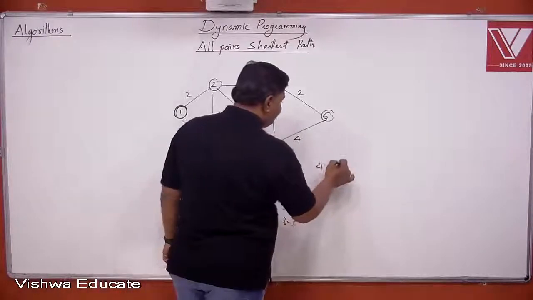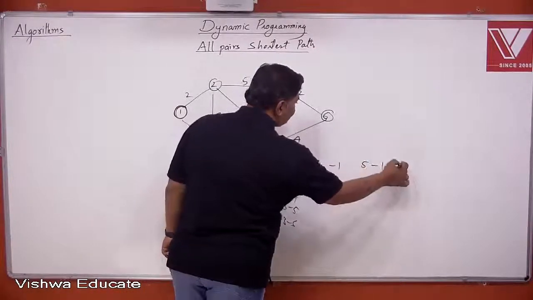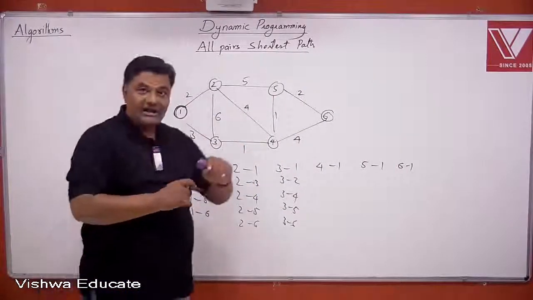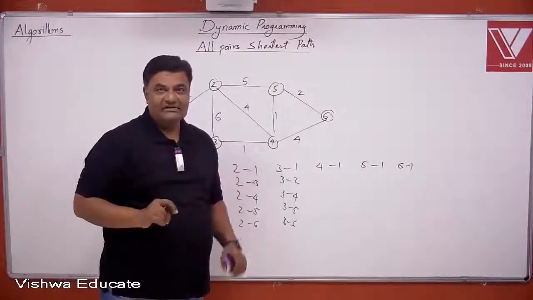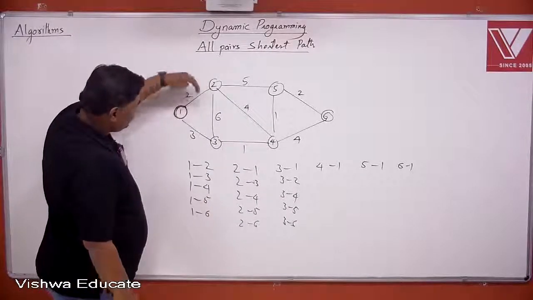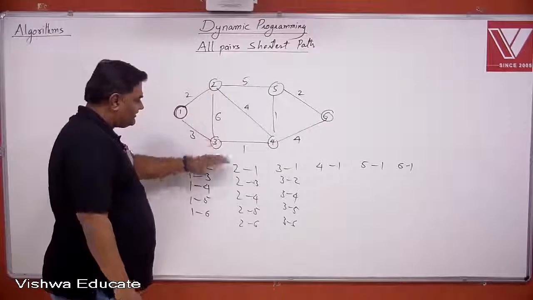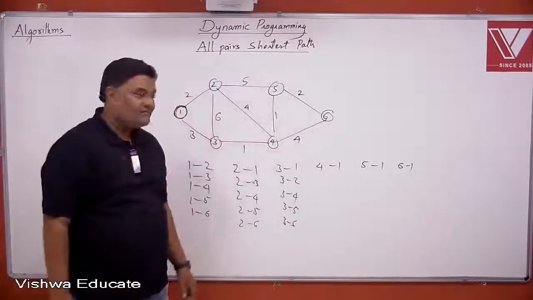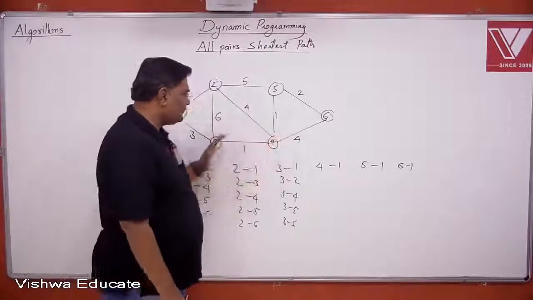Then from 4, 5, and 6. So we want the shortest path between every pair of vertices. Every pair means 1 to 2 as well as 2 to 1, 1 to 3 as well as 3 to 1, 1 to 5 as well as 5 to 1, then 3 to 4 as well as 4 to 3.